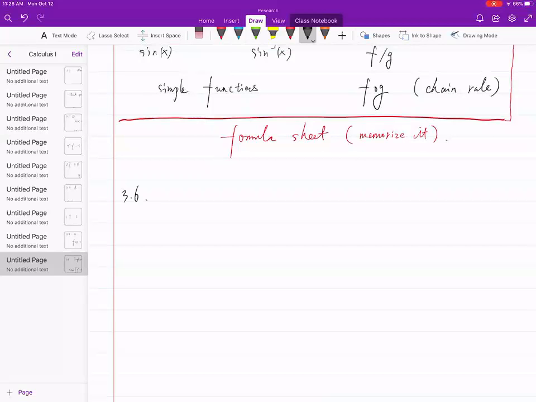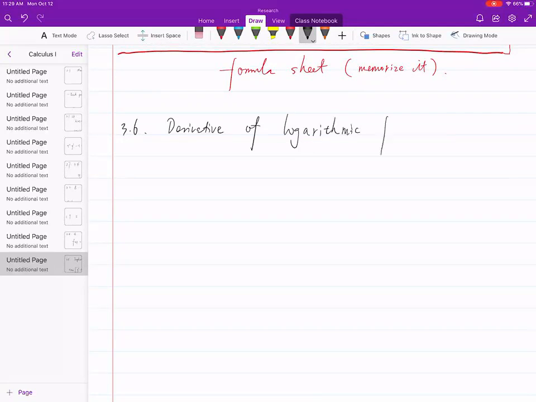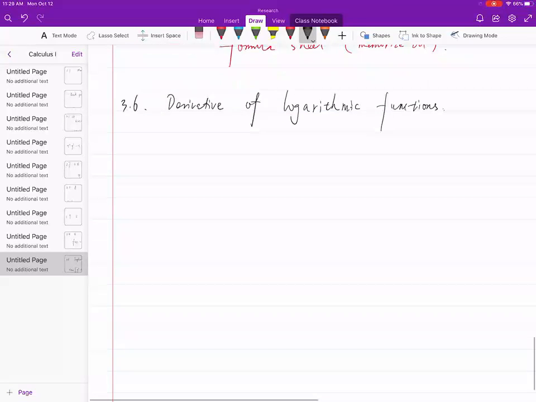Implicit differentiation is done. Now we want to go to the next one. Derivative of log. Number one, if it's just the derivative, there's nothing to talk about.